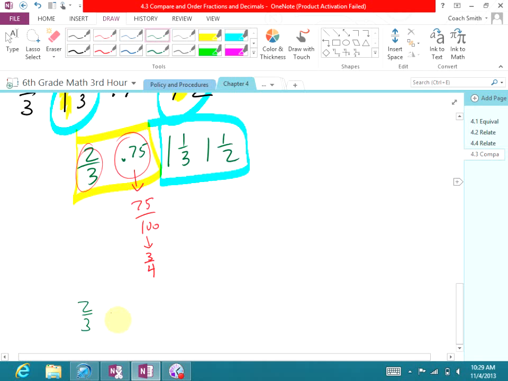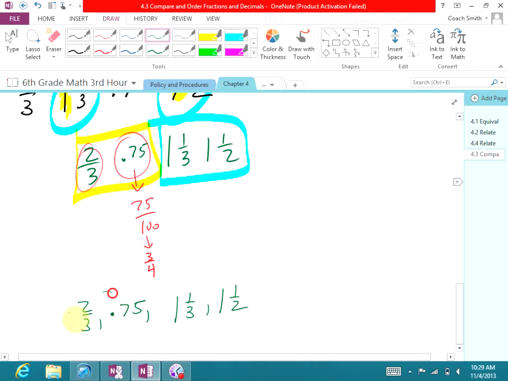I got to write it with its original number. Now, that brings me to my two mixed numbers. I have 1/3 of the pizza, or I have 1/2 of the pizza. Which is larger, 1/3 of the pizza or 1/2 of the pizza? 1/2. So, 1 1/3 and 1 1/2.